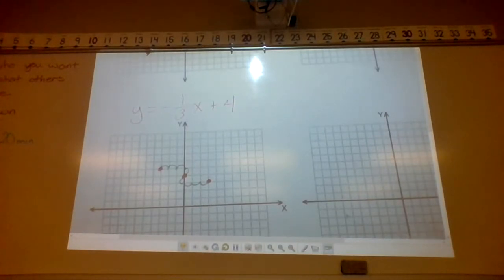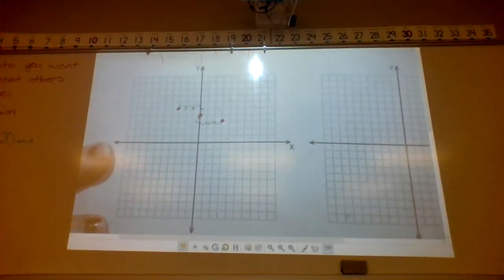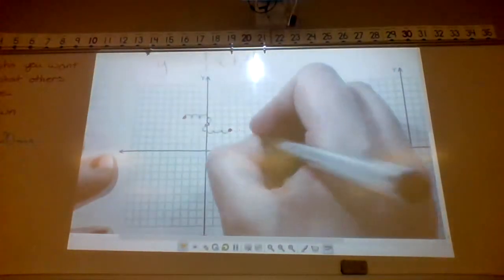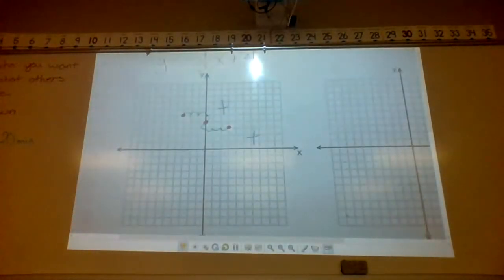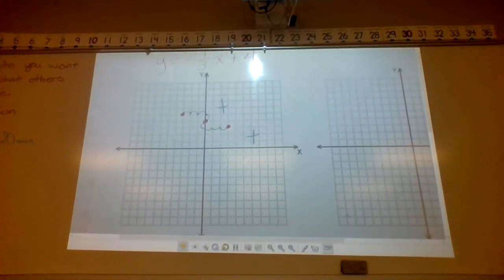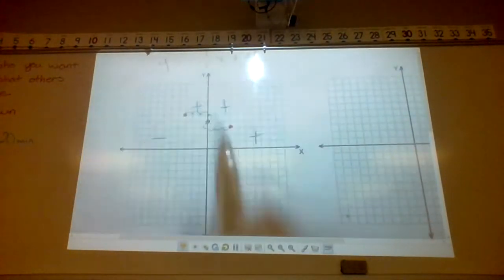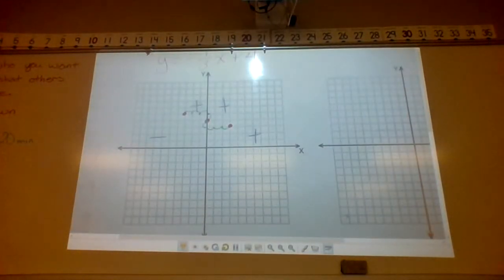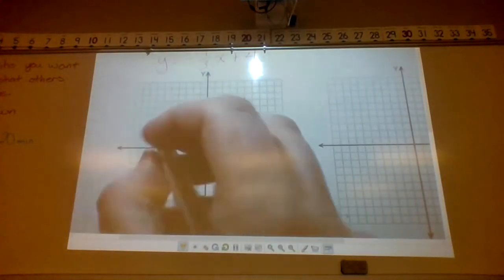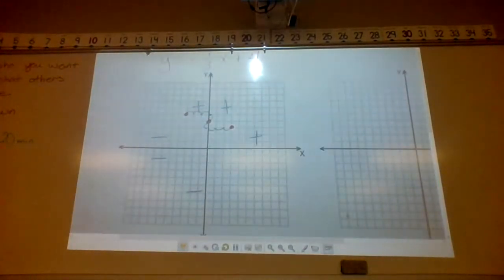Think of it this way, guys. Like a number line. Here's how you know. This side is a positive and a positive. What does a positive and a positive make? Positive. So your slope better be positive. This side over here, you have a positive and a negative. What does a positive and negative make? Negative. A negative and a negative?